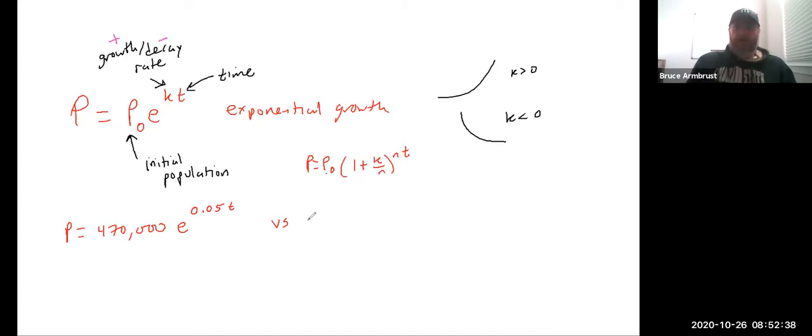And so this one would look like P equals 470,000 times 1 plus 0.05 to the t. And I'm guessing that's probably what Erez was getting at when he put in 1 plus 0.05. Is that right, Erez?